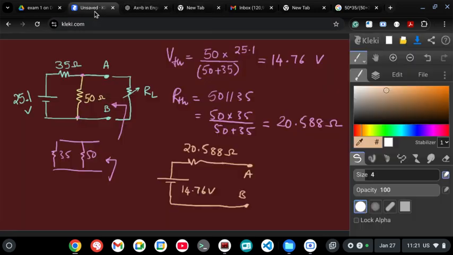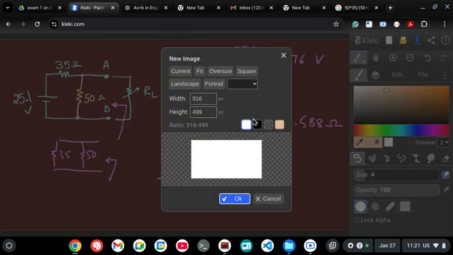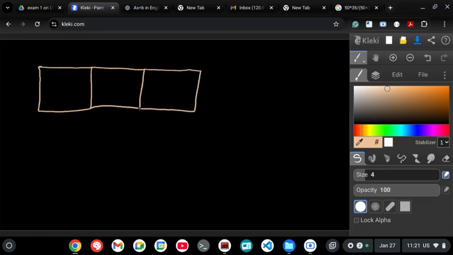So just notice this. I go to a new sheet. So think of a circuit like this, which consists of three loops. This is loop 1, this is loop 2, and this is loop 3. Here we can name the positions.